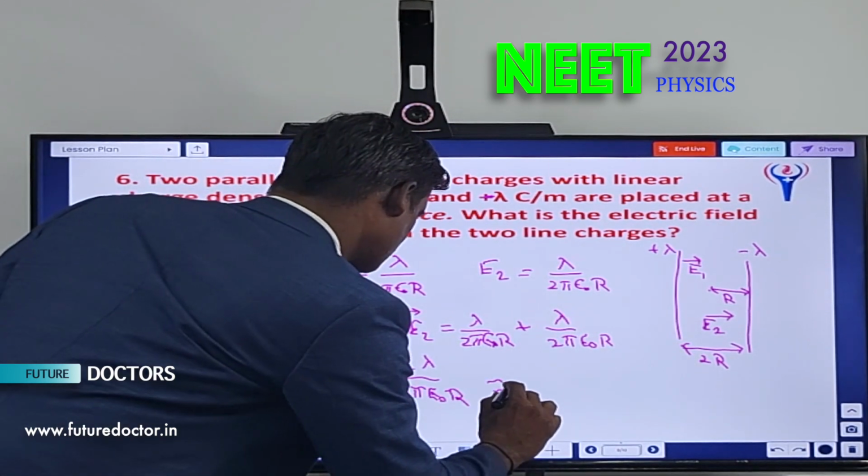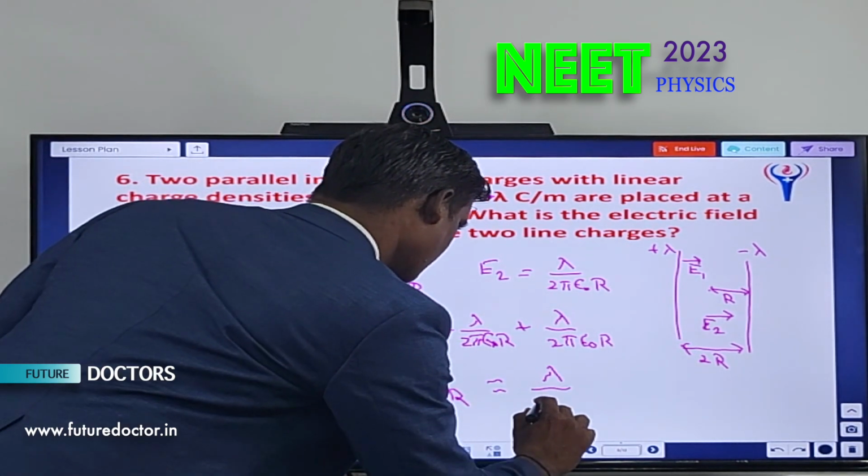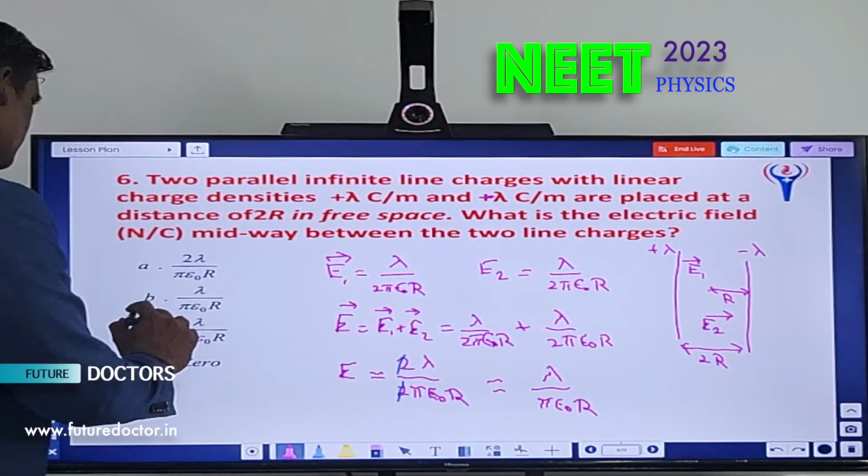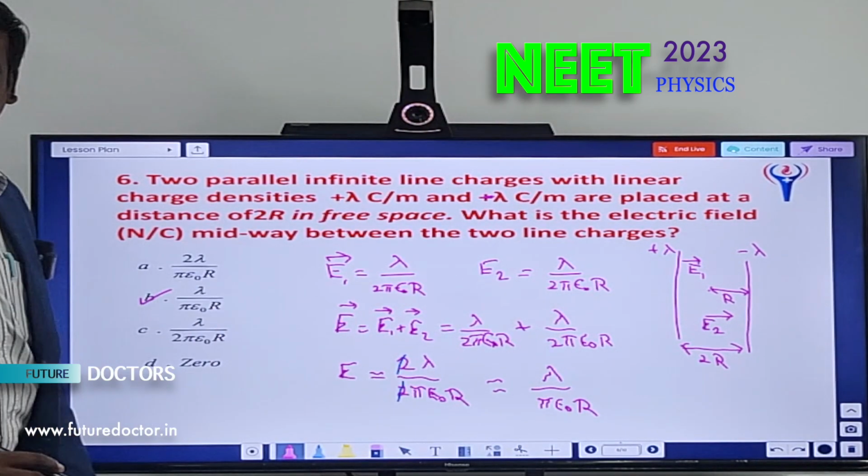Then E equals lambda by pi epsilon naught R. That is option B, the correct answer.